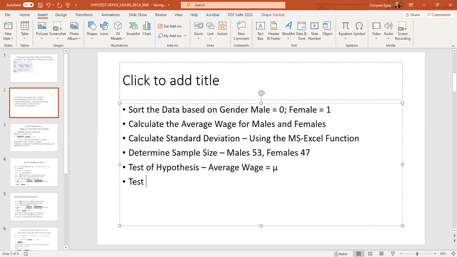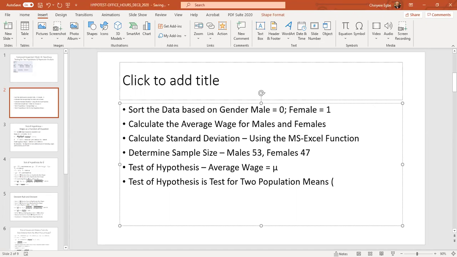And the test of hypothesis here is a test for two population means. Okay, that is what you're looking at. You're doing a test of hypothesis for two population means, mu1 and mu2.